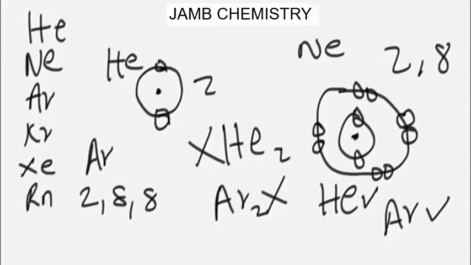Their boiling points increase down the group. So neon will have a higher boiling point than helium, argon higher than neon, krypton higher than argon, xenon higher than krypton, and radon higher than xenon, in that order.